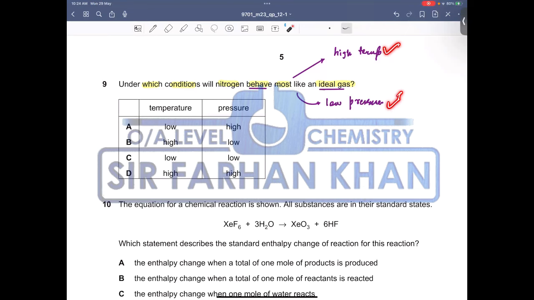So I think we need to go for high temperature and low pressure. High temperature is here, high temperature is here, low pressure is here, low pressure is here. So I think B is going to be the right answer.